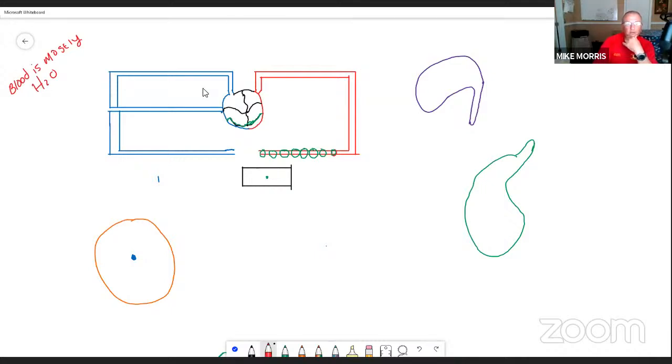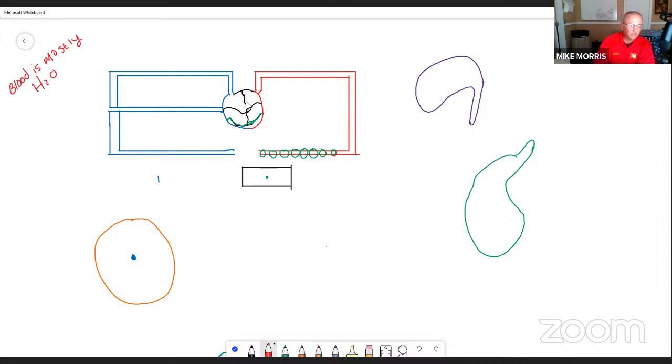We know that blood returns to the right side of the heart here. It's deoxygenated blood. It's coming in through the superior and inferior vena cava. It's then going to go into the right atrium, the tricuspid valve, right ventricle, the pulmonary valve into the pulmonary arteries out to the lungs, right?